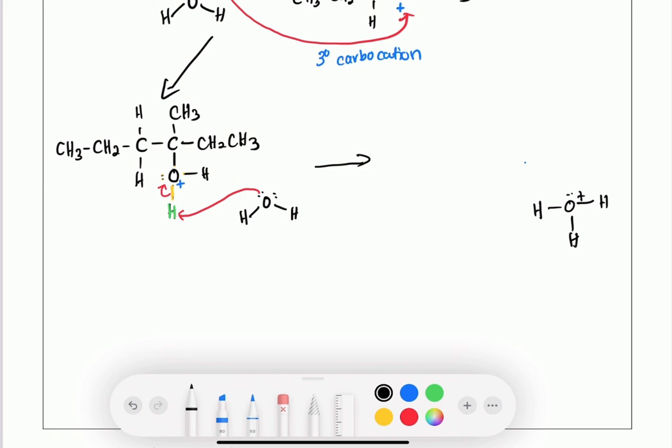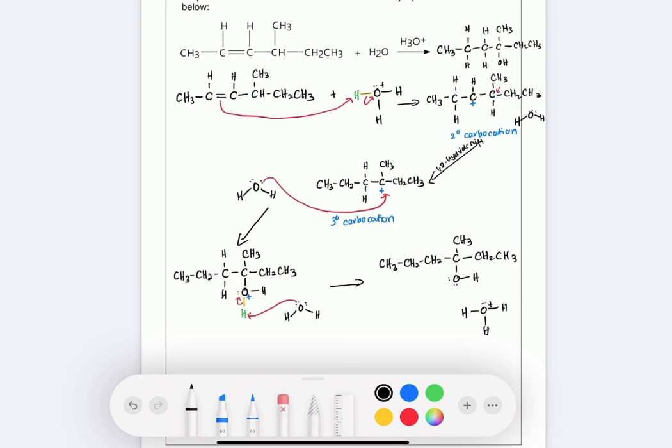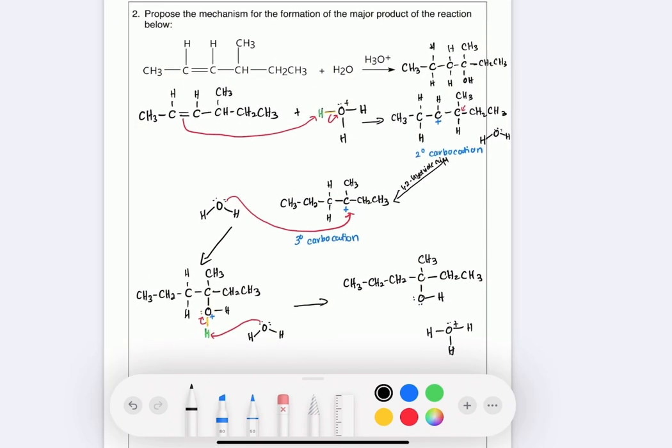Okay, and we are going to get alcohol, which is this one. So there you go. This is the answer for the question at page 58.